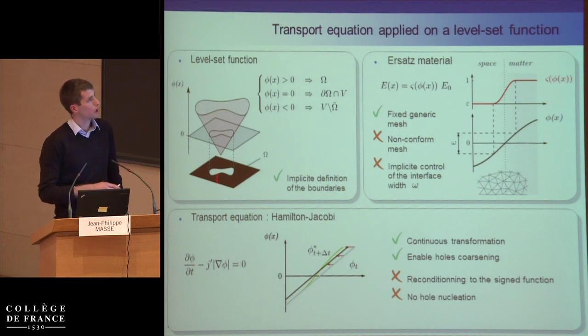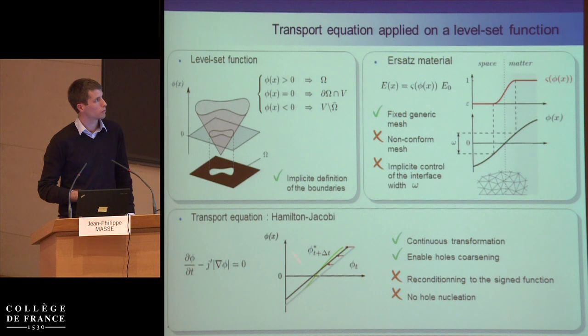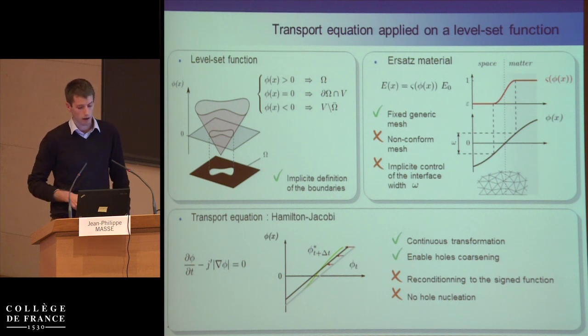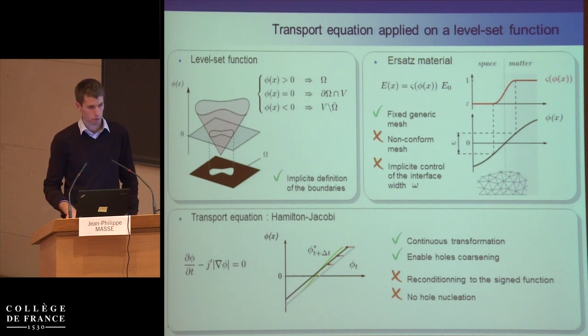And so using the gradients in this transport equation, we move this surface, and so we transform the geometry. This is a key issue, because this transport equation, and there are different transport equations, is really a big problem, it's not trivial, and raises some numerical problems.